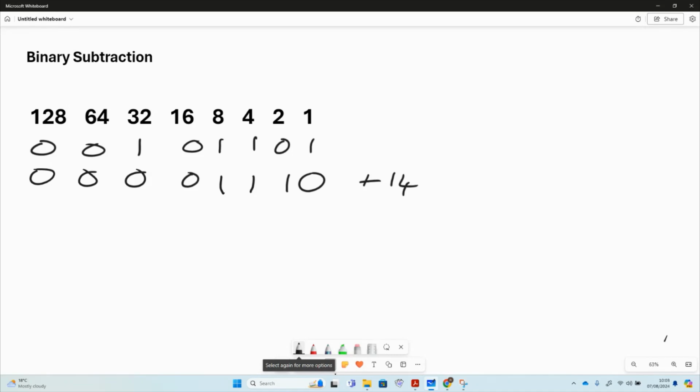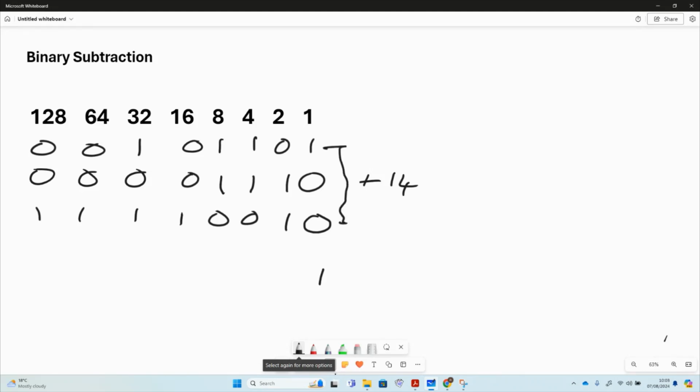And we want to make that negative 14. So again, we write down numbers until we get to the first one, and then we switch all of the other ones around. So they're all switched, and again we need to add these two rows.